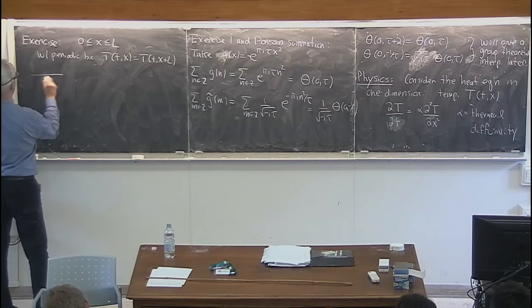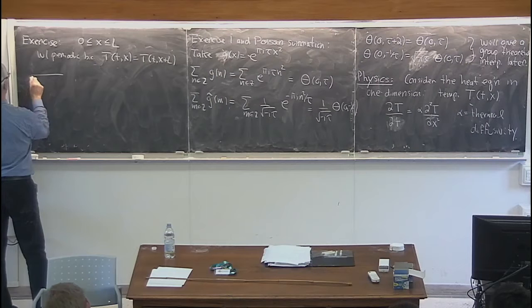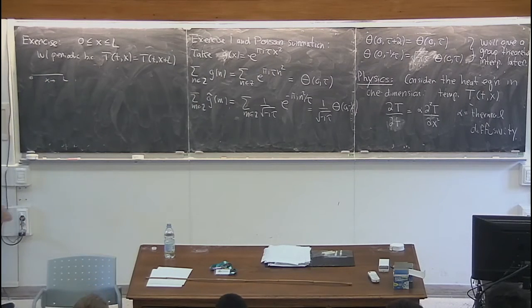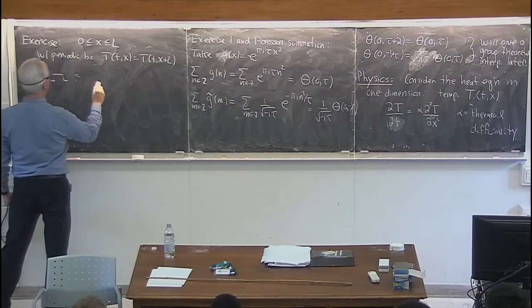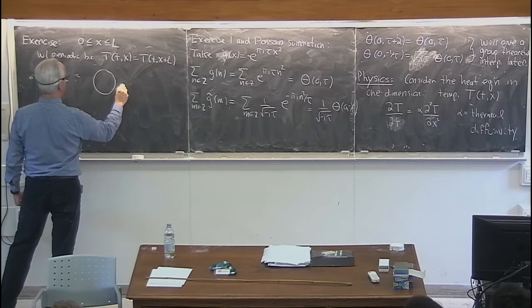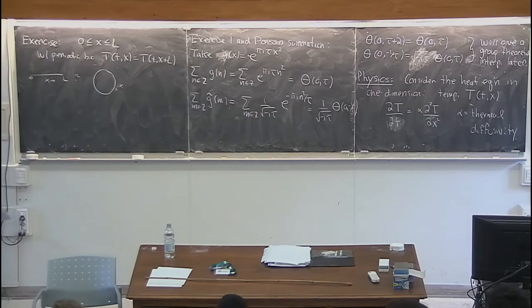So in other words, we have our system where this is 0, and this is L, and this is x. And if we use periodic boundary conditions, that's the same thing as saying I'm really working on a circle with the circumference being L.